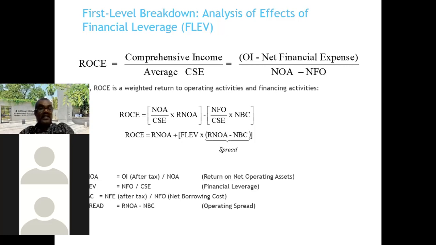If net operating assets are 1,000, and if there is no borrowing, that means common shareholders' equity is also 1,000. If net operating assets are 1,000, and if you have borrowing of 200, of course shareholders' equity becomes 800. So the simple answer to this one: net operating assets are equivalent to common shareholders' equity plus net financial obligation.